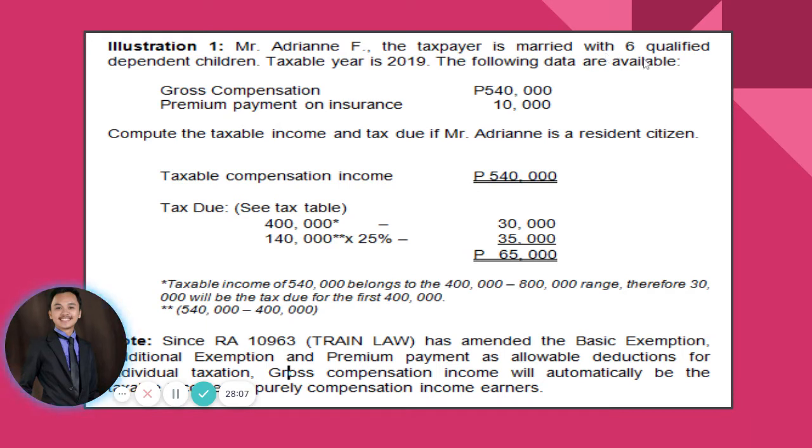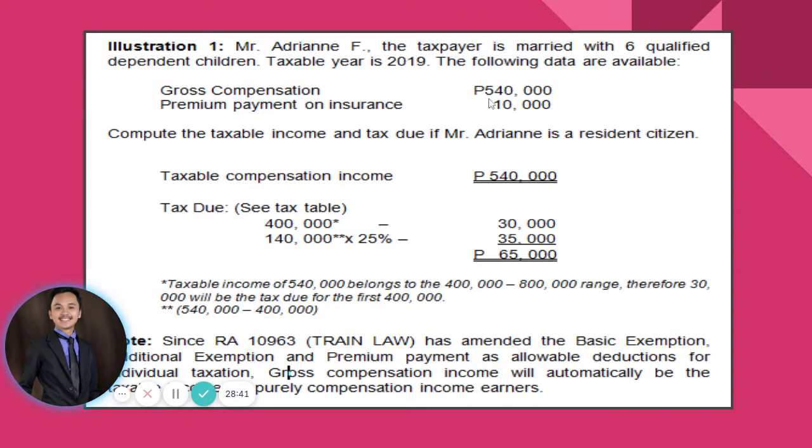So although Adrian has 6 qualified dependents, since the TRAIN law is already effective here, there's no longer deduction for basic exemption of 50,000 and additional exemption of 25,000 per child for a maximum of 4 children. Since it's already 2019, no more additional exemptions. And if you have noticed, guys, we don't have any given as to the non-taxable deduction.